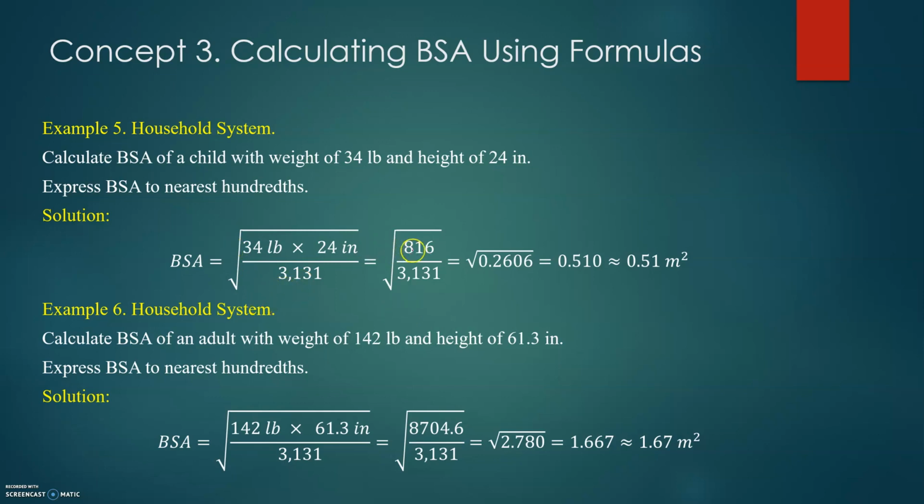So multiply the numerator, 816, divided by 3,131, simplify a little bit, round that to the 10,000, and then extract the square root. So in your case, that will be the answer rounded to the hundreds, 0.51 square meters. Try to do example number 6, put the video on hold, and then see if you can get the answer of 1.67 square meters.